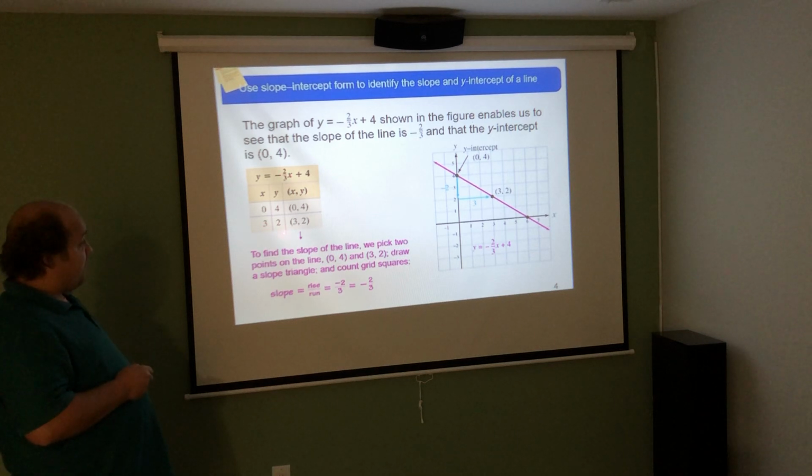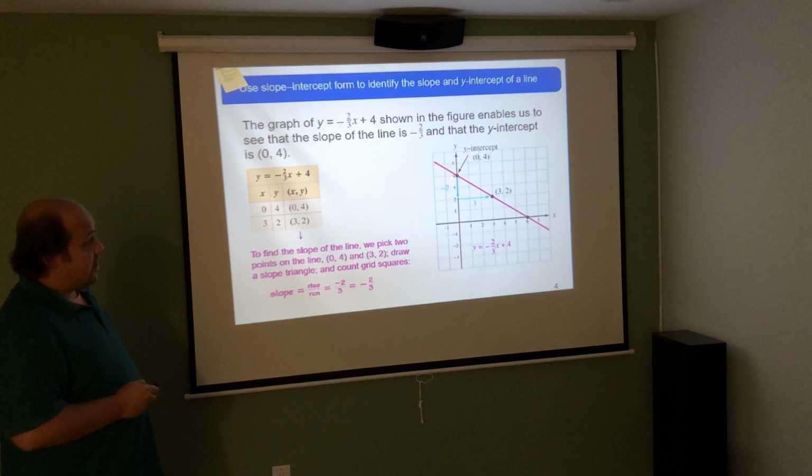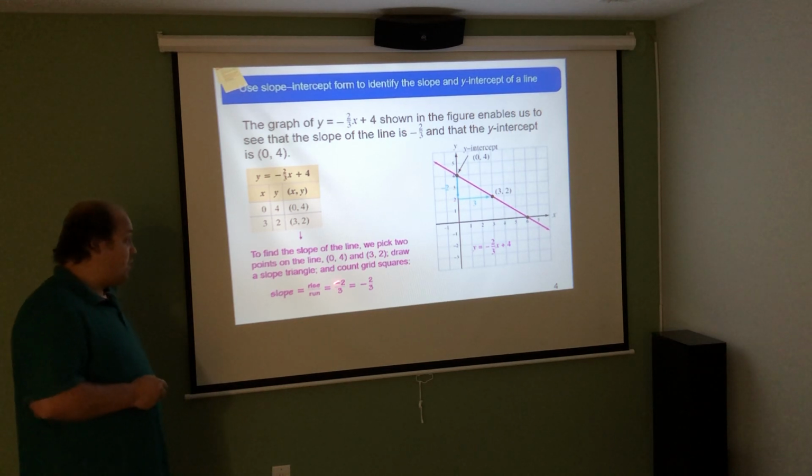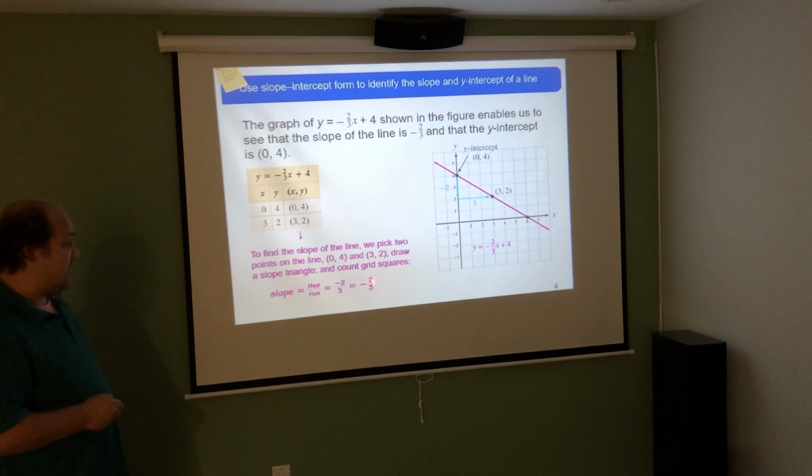They put in 3 for x, that got them 2 for y. After plugging in these points, they plotted the 2 points, (0, 4) and (3, 2). Doing rise over run, they saw that it went down 2, so a rise of negative 2 on top of the fraction, and over 3, a run of positive 3.